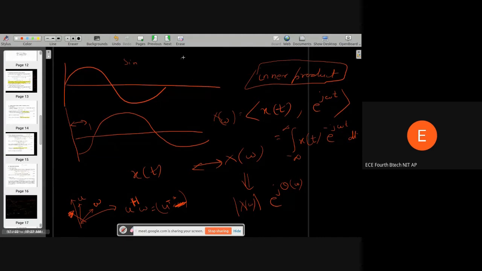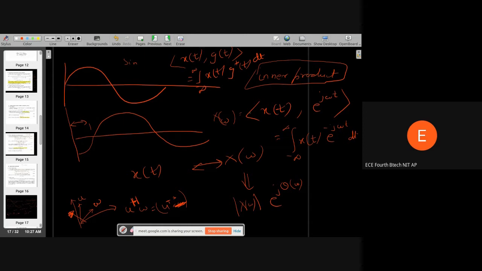So for any two signals x(t) and g(t), if you take the inner product, it is the integral from minus infinity to infinity of x(t) g star(t) dt. This is the definition of inner product. So what we are trying to do is find the similarity between the signal and a complex sinusoid, and then you get a number X of omega.